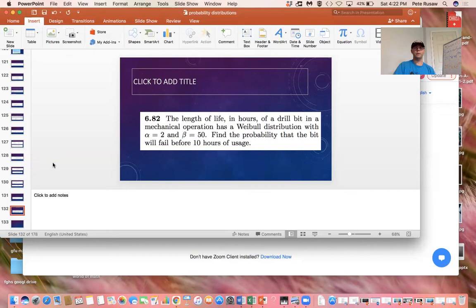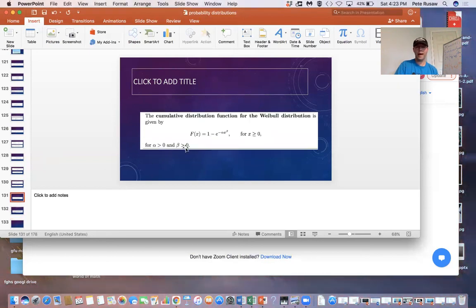All right, so this is a pretty straightforward question. They give us alpha, they give us beta. They tell us it's a Weibull distribution. We want a probability that the bit fails before 10 hours of usage. So that'd be from x equals 0 to x equals 10 hours. But look, we literally have this function right here.